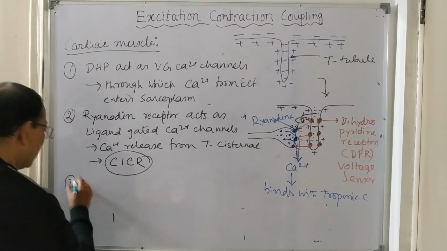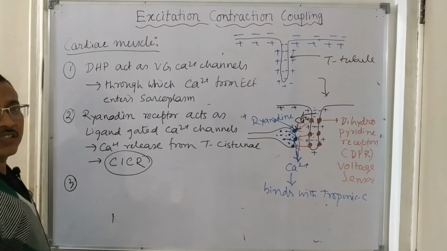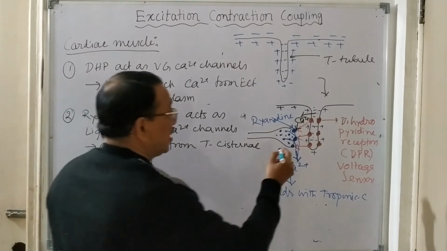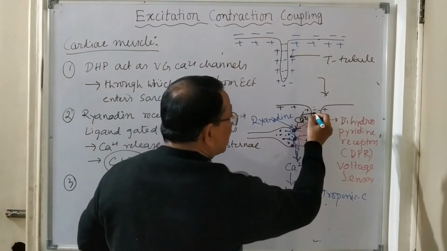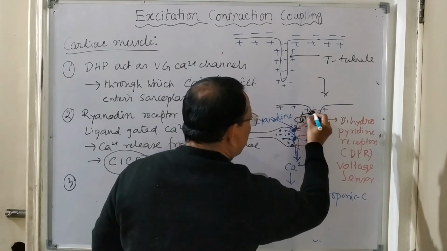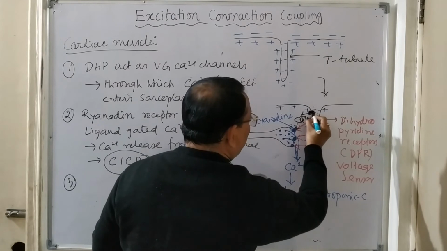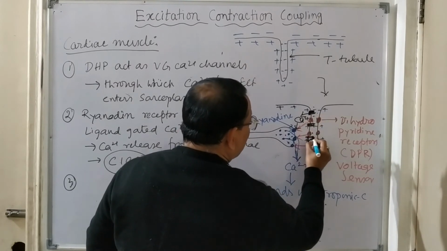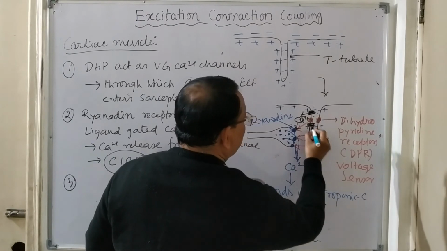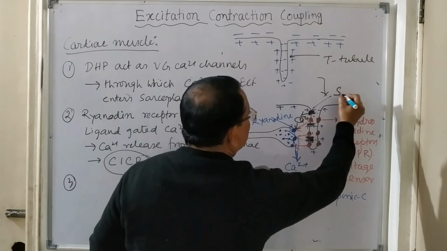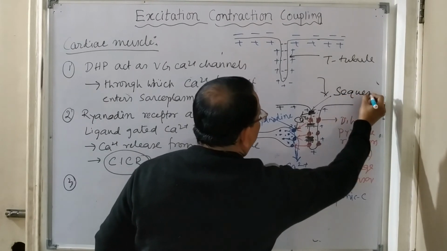The third difference of excitation contraction coupling in cardiac muscle is that there are some calcium binding proteins on the T-tubular membrane, and these calcium binding proteins are known as sequestrin.